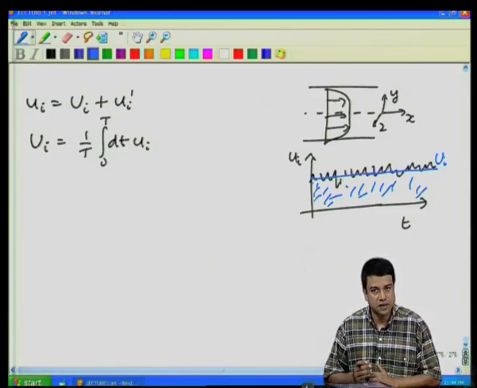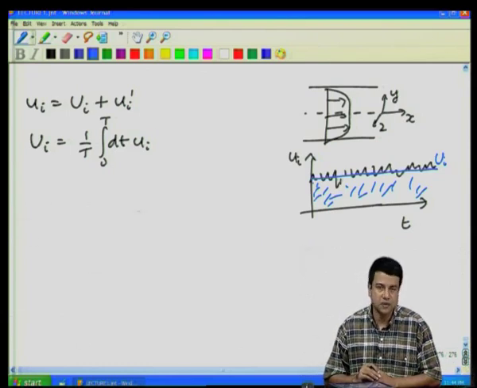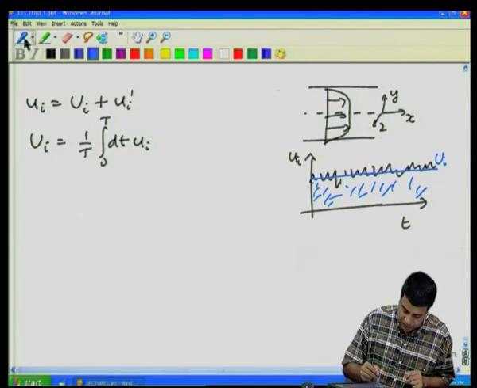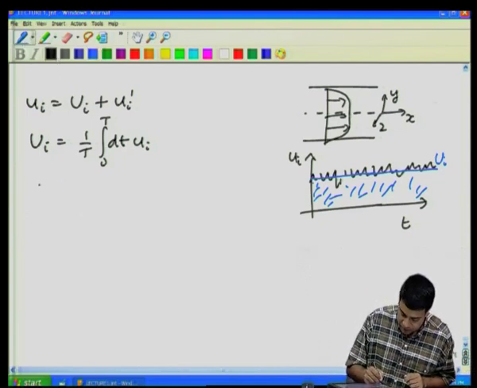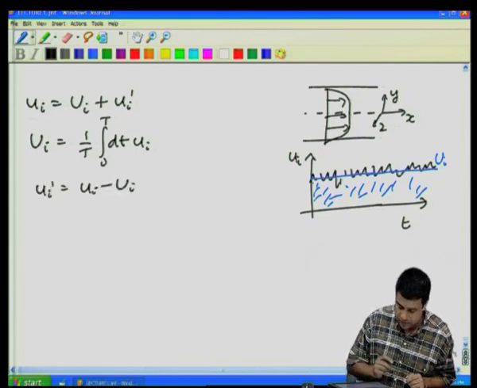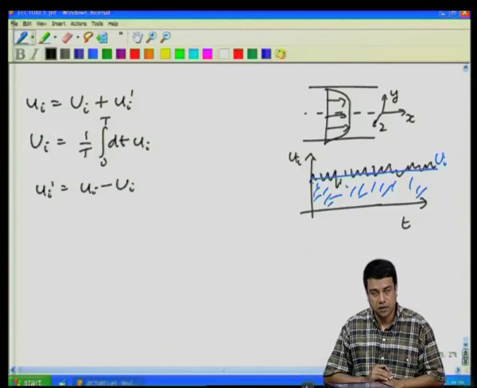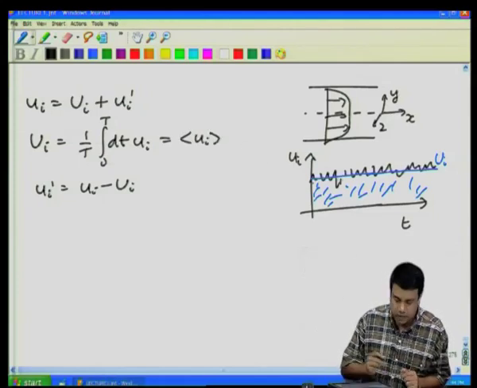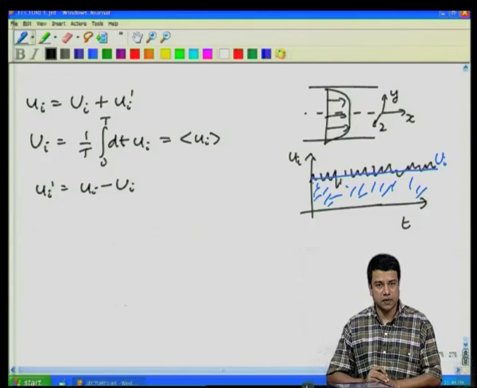As I said, in the y and z directions, this average velocity will be equal to 0, because there is no net motion in the y and z directions. However, I can write it in this fashion, and then Ui prime is equal to Ui minus capital Ui.